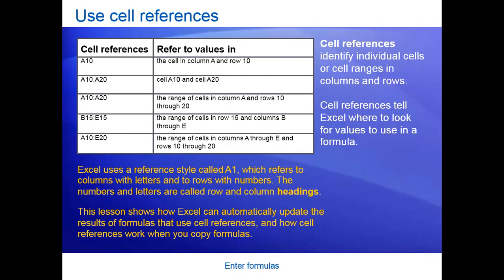B15 to E15, the range of cells in row 15 and column B through E. Yan. A10 to E20, the range of cells in column A through E and rows 10 through 20. So yan, yung cell references identify individual cells or cell ranges in columns and rows. Cell references tell Excel where to look for values to use in a formula.